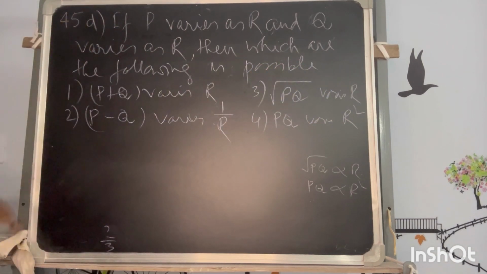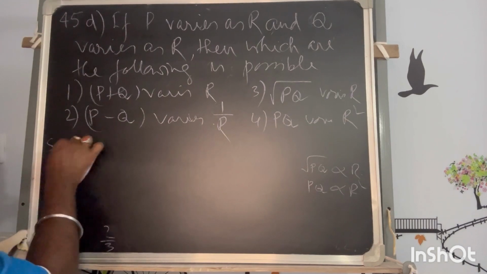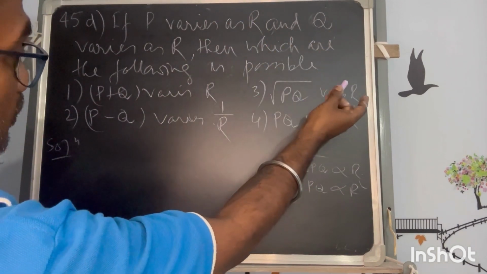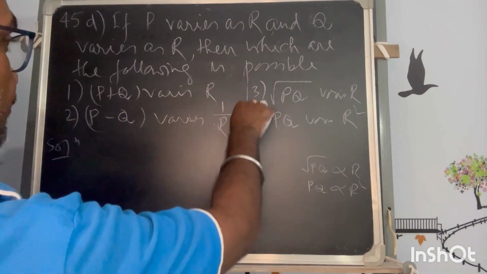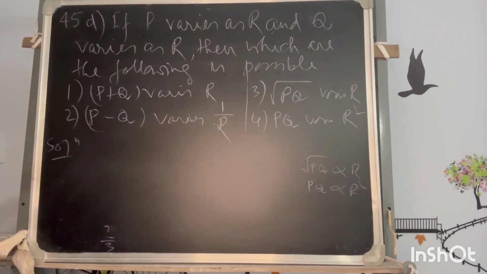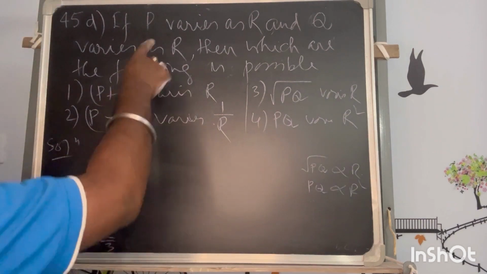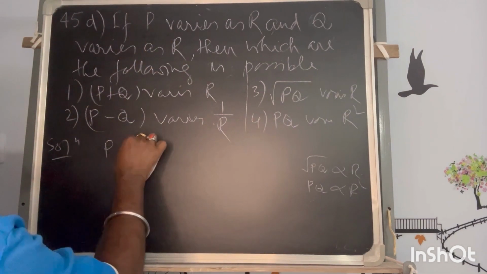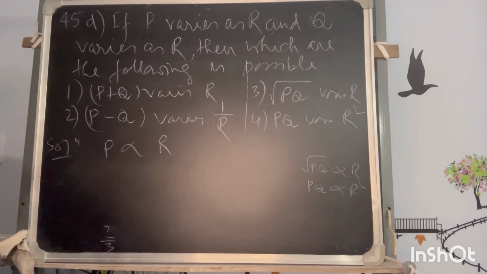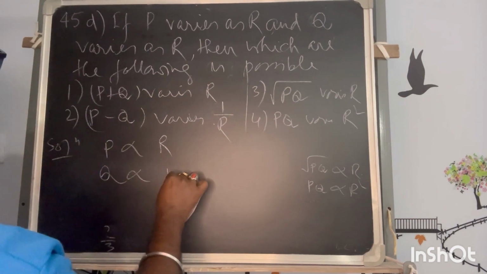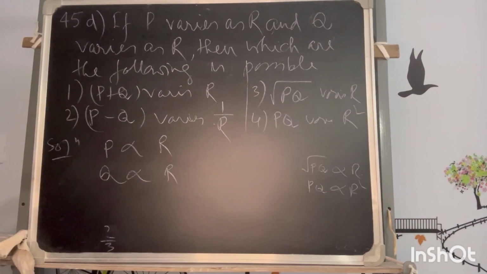The first thing is that if you have to eliminate, and there is one option that is possible, you definitely neglect this, because these are the same thing I am telling. So now P varies with R, Q varies with R. These all vary with R.